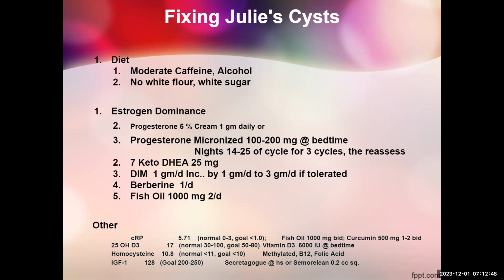So Costco's big bottle, 2,000 pills, is a 2,000 unit pill. So 2 times 8 is 16, and Julie here is at 17. That would get us to 33, so that would get us to normal, but not optimal.